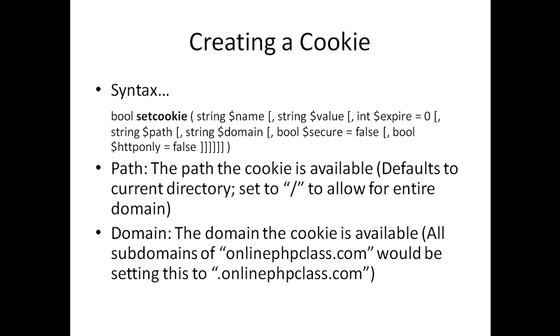Domain is the domain the cookie is available to. If you want it available to all subdomains of onlinephpclass.com, you set it to .onlinephpclass.com. Otherwise, you set it to the domain that you want it to be available to. Notice that you're not able to hijack another domain's cookie.